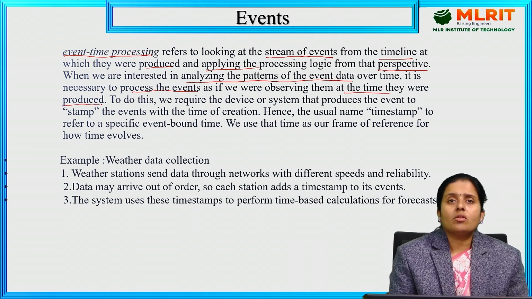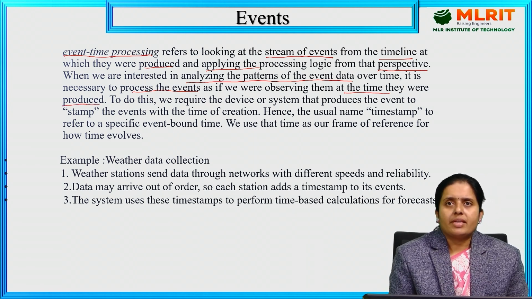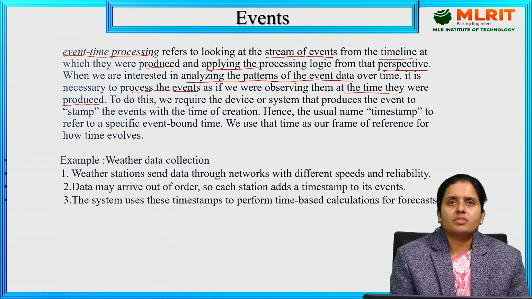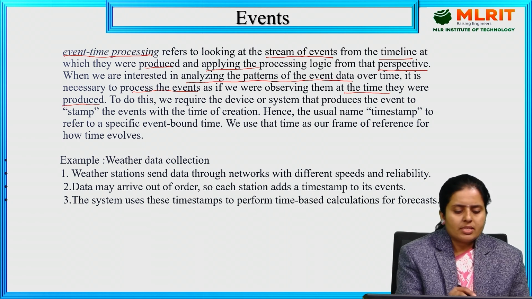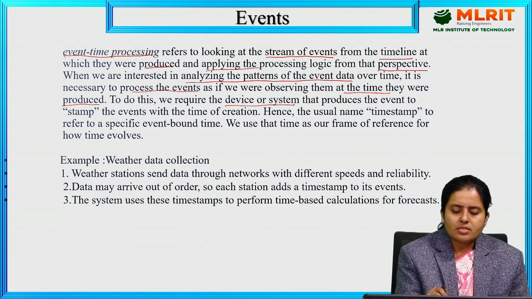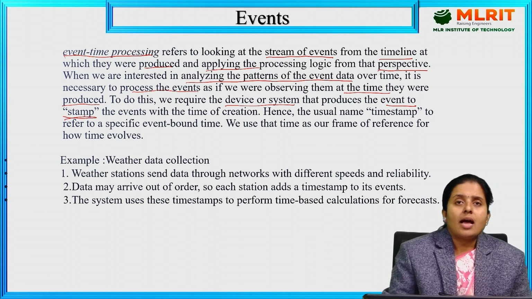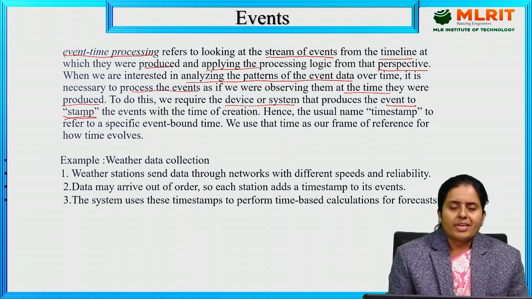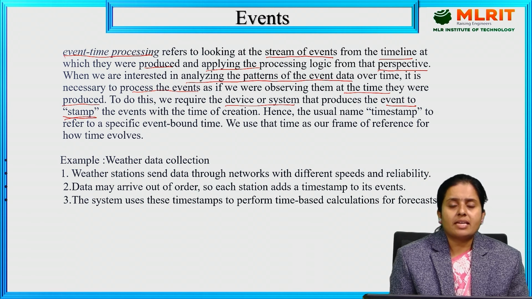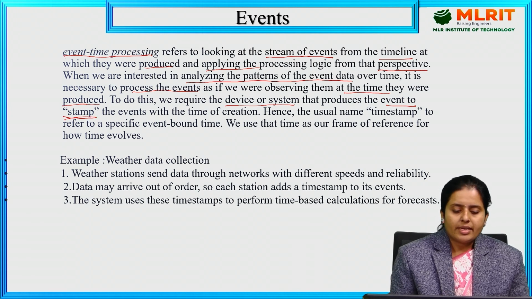So capturing the number of events from a continuous flow of stream is very easy with respect to time. To do this, we require the device or system that produces the event to stamp it. Counting the number of events with respect to time requires some devices, right? Based on the device time, we can store the event time.